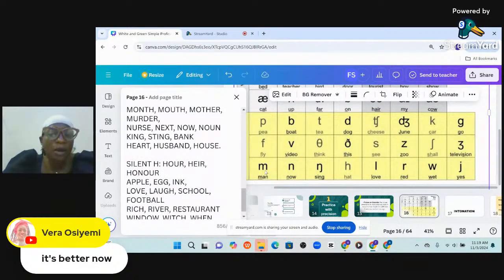Now let's go through the last set of consonant sounds again. Say after me: mouth. Put your tongue outside. Mother. Murder. Nurse. Next. Now. Noun.